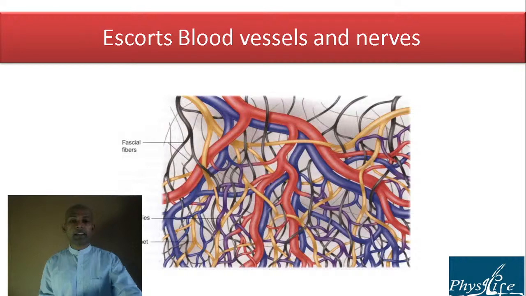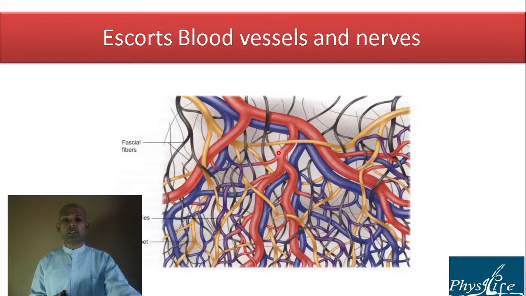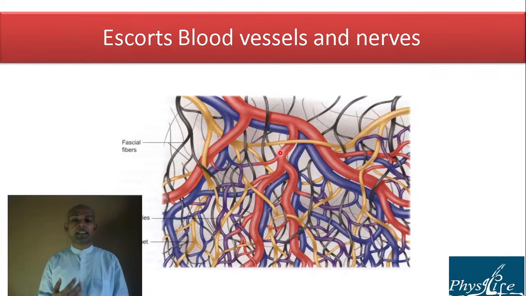Then the artery becomes arteriole, becomes venule, and the venule becomes vein. So from artery to vein, capillary, everything is held together by fascia. Not only that, the yellow lines here represent nerves, and the neural network is also intertwined with the fascial fibers. That's how it is held together.